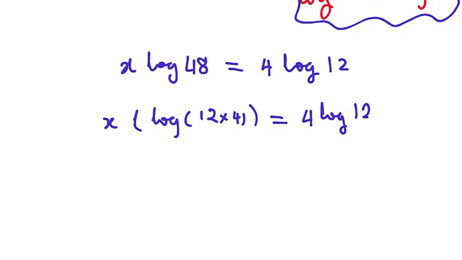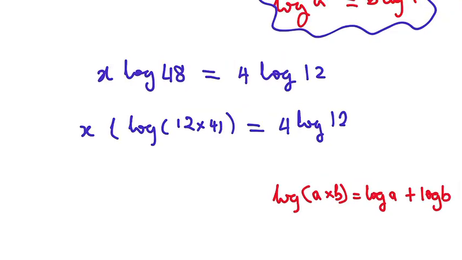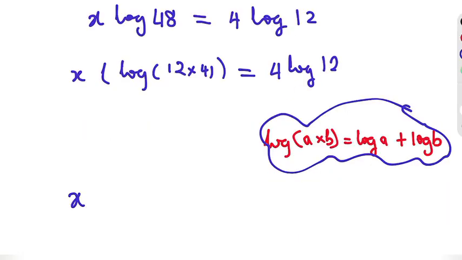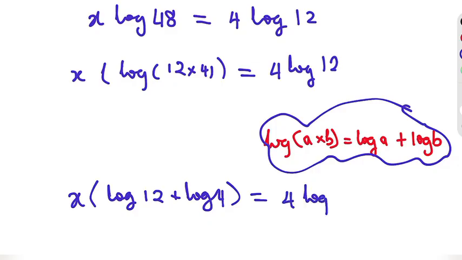Recall, when you have log of a multiplied by b, this will be log a plus log b. So I want you to keep that. Okay, now we're going to have this to be x into log 12 plus log 4, then equals 4 log 12.